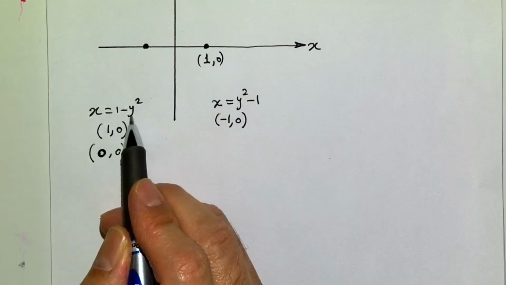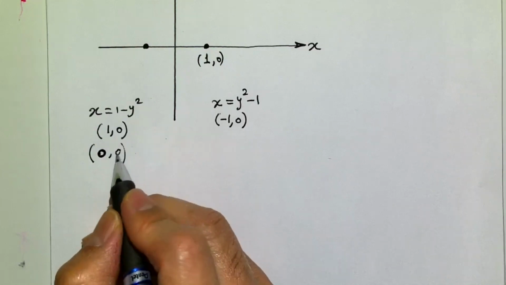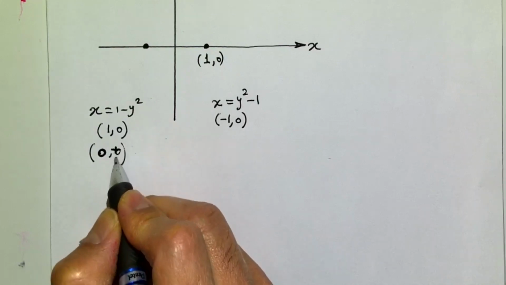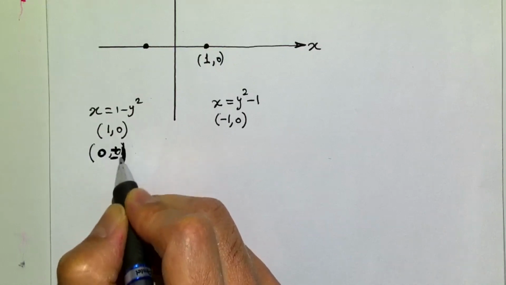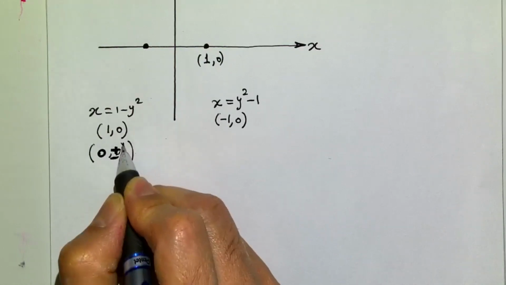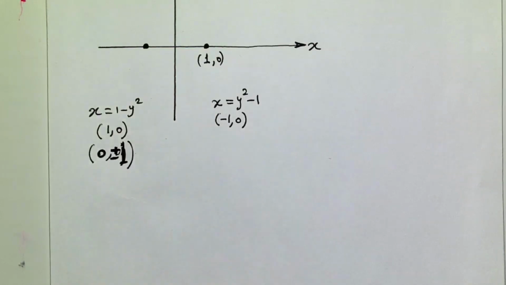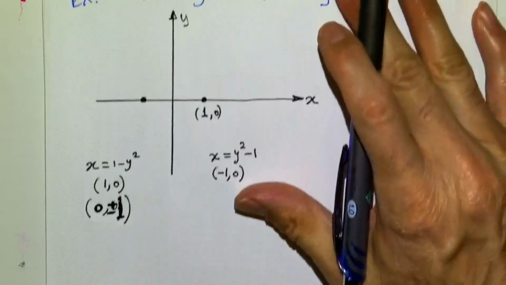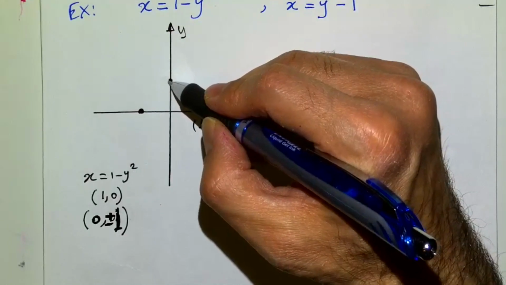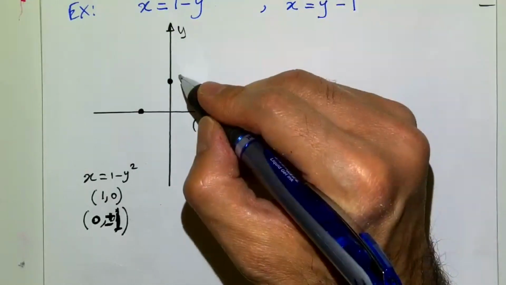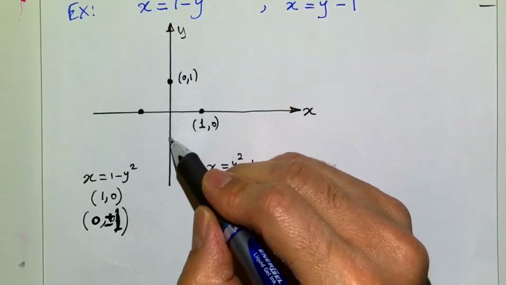y squared equals 1, which means y equals plus or minus 1. So let me correct that by saying plus or minus 1, in the parentheses. That means we should put one dot here for 0 comma 1, and one dot here for 0 comma negative 1. I'm trying to scale these so they're equal.